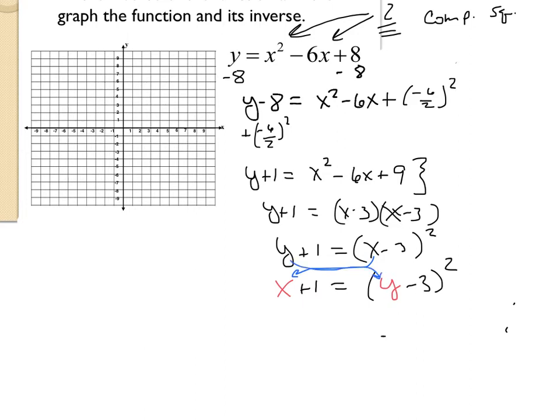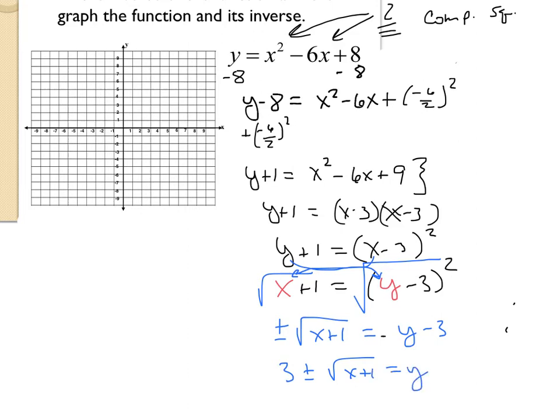And now I'm going to solve. So I am going to take the square root of both sides. And when I take the square root, I put in a plus or minus, x plus 1 equals plus or minus the square root, y minus 3, and then I need to add 3 to both sides. And I have just now found the equation for the inverse of the parabola.